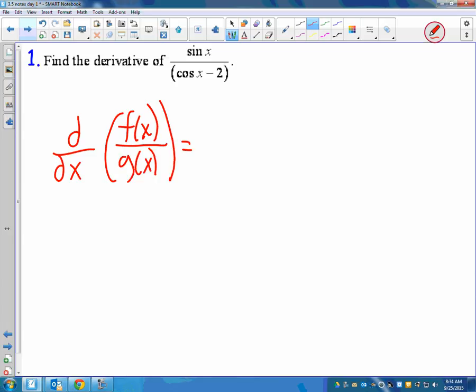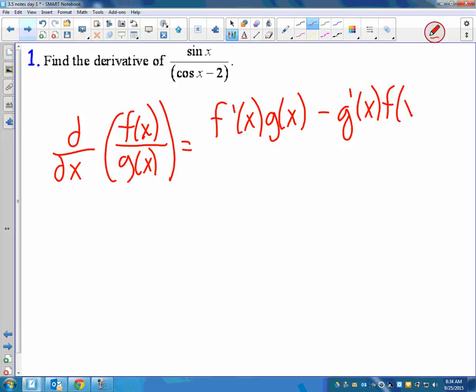The rule is the derivative of the top times the bottom minus the derivative of the bottom times the top, all over the bottom squared.